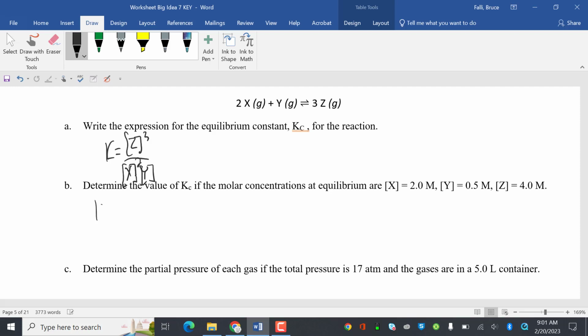So K equals 4 cubed over X squared, X being 2, times Y, which is 0.5. Let's see here. 4 cubed divided by 4 times 0.5, which is 32.